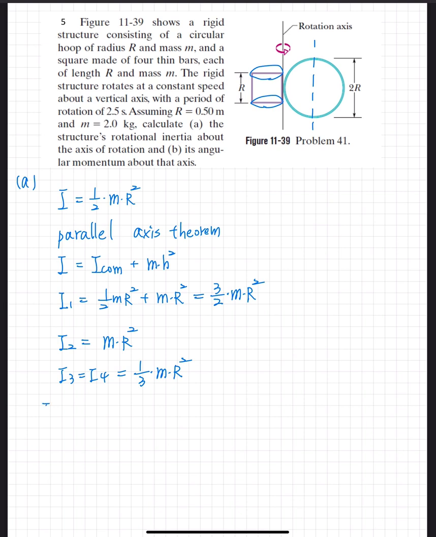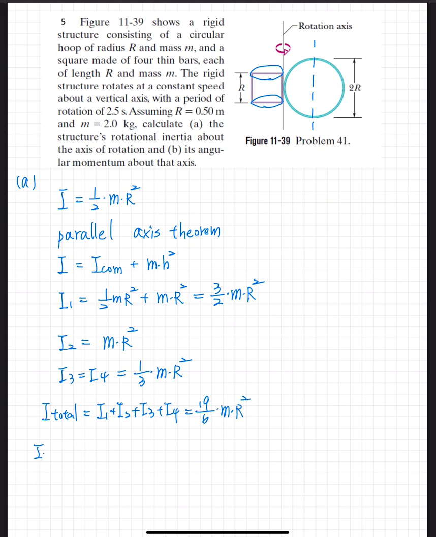So we can get the total rotational inertia is equal to I1 plus I2 plus I3 plus I4. And we get the answer is 19.6 times mass times radius squared.